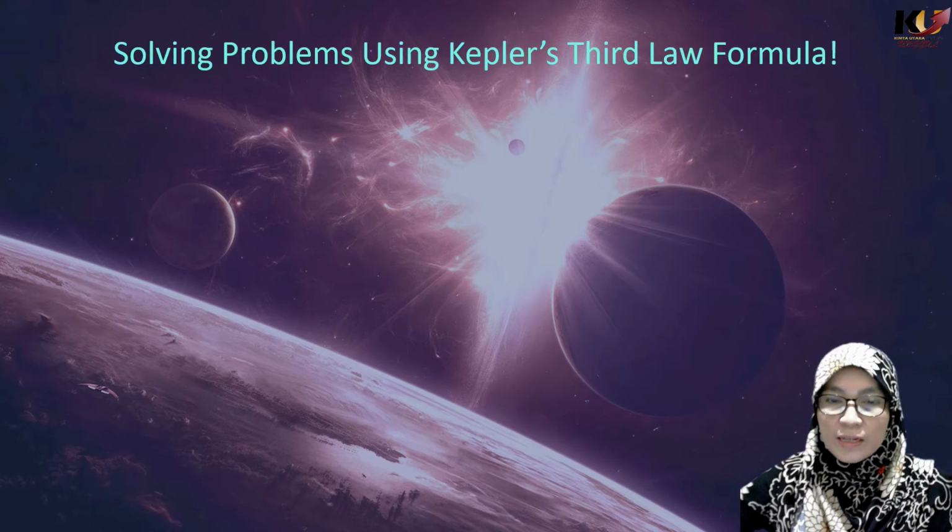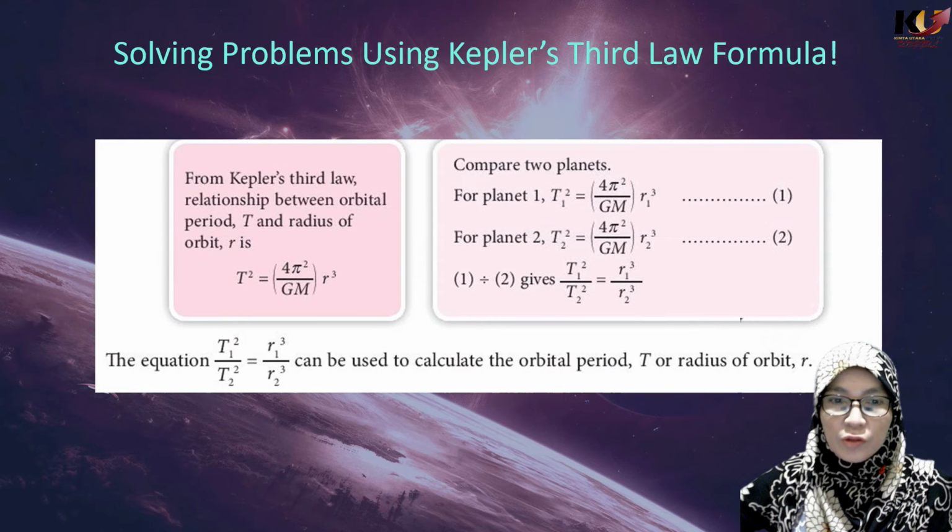Solving problems using the Kepler's third law formula. From Kepler's third law, the relationship between orbital period T and radius of orbit r is T square equal to 4 pi square over GM times r cube. Comparing two planets: for planet 1, T1 square equal to 4 pi square over GM times r1 cube, equation 1.